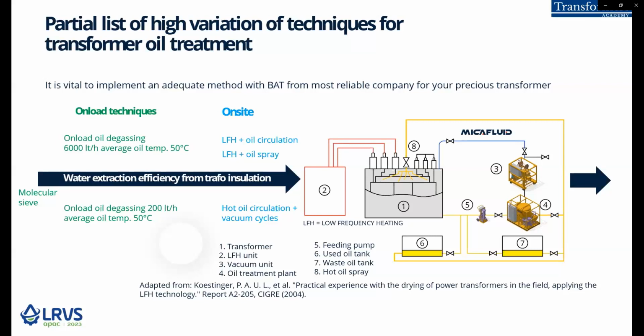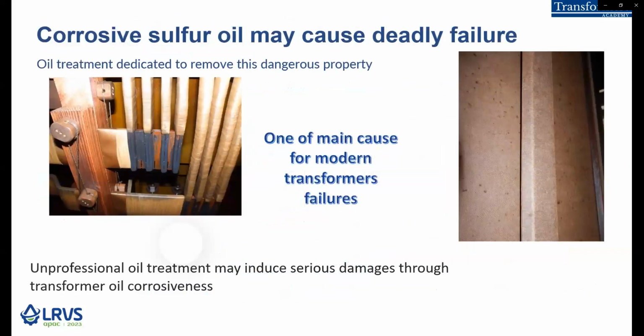They range from the most simple one, a molecular sieve, until low frequency heating, which is a very sophisticated and delicate method that needs to be applied only by very skilled and experienced people. Some machines, when people do not know exactly how to apply them, cause more damage to the transformer than dehydrating it.